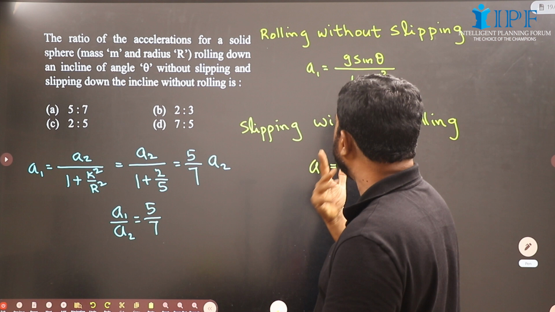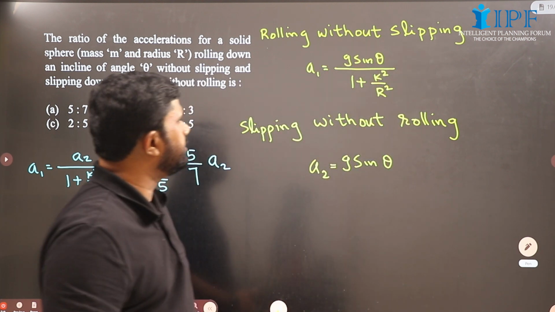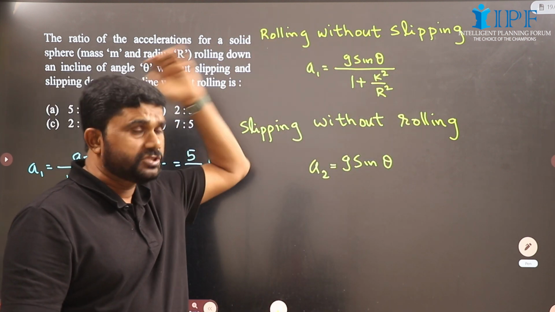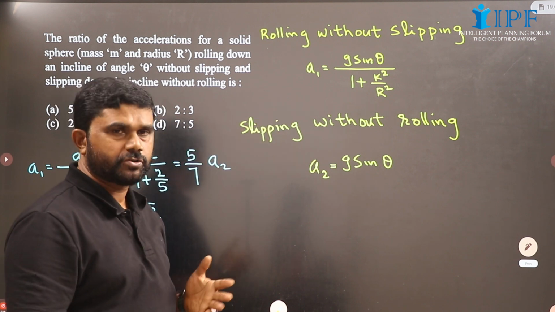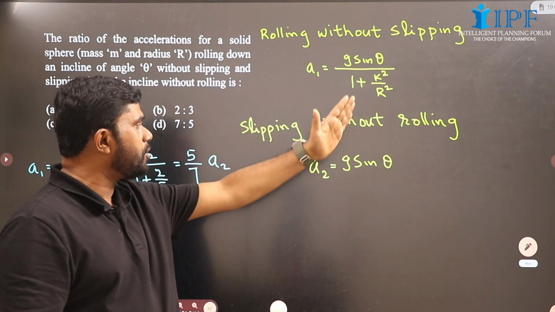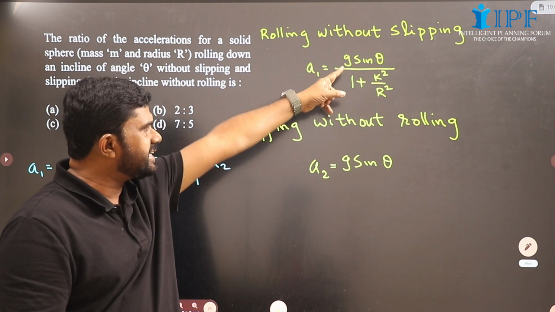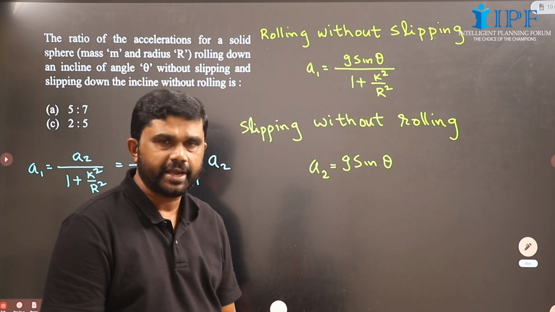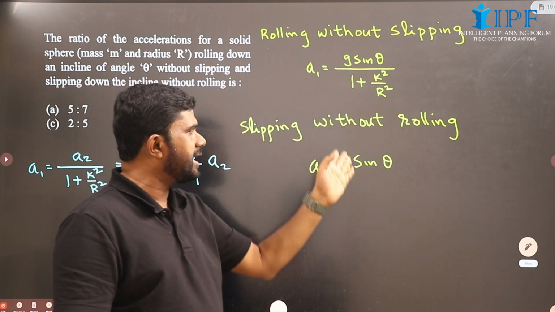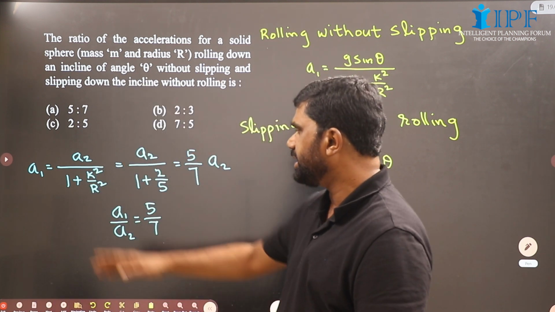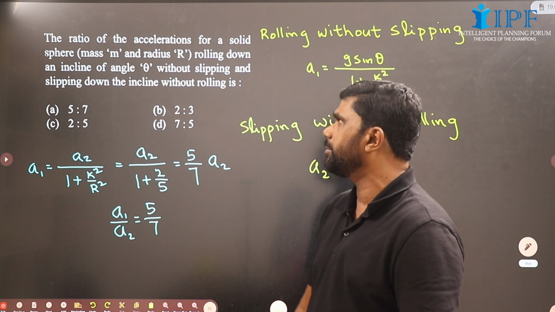Now rolling without slipping, that is a1 equals g sin theta divided by 1 plus k square by r square, and slipping without rolling, that is simply g sin theta. So this g sin theta can be replaced by a2, and we get a1 equals a2 by 1 plus k square by r square.